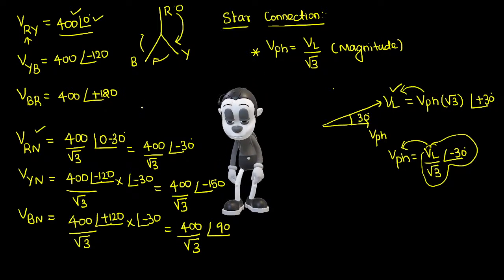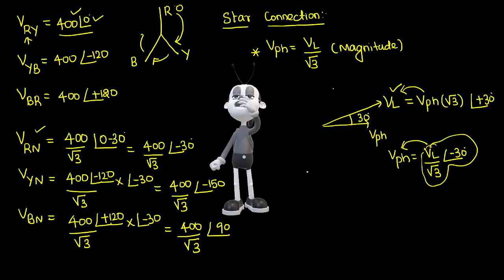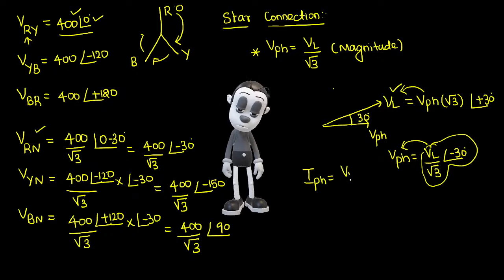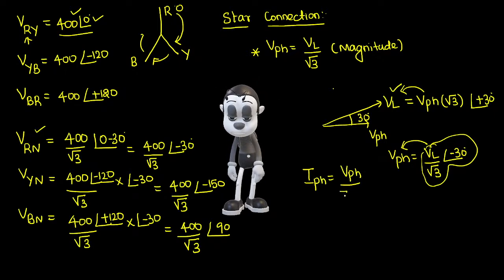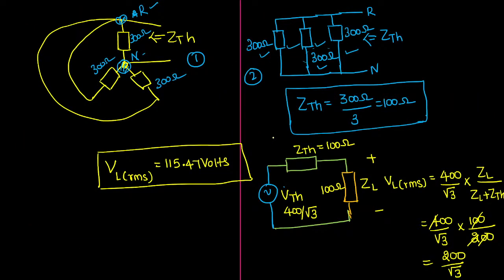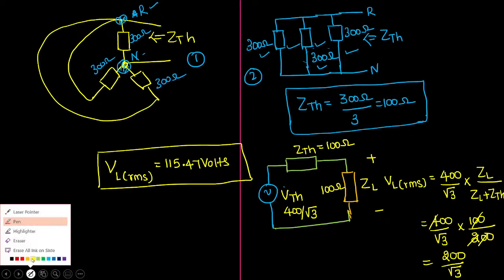Can you write the phase current? Why not? Generally, according to Ohm's law, phase current can be written as phase voltage divided by phase impedance. Now, if we observe our system, let me clear it first. Our system is having a load of how much? 300 ohm.